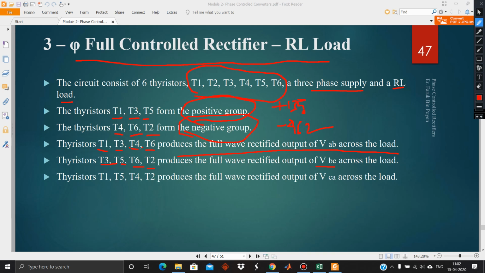And for VCA, T1, T5, T4, T2 produce the full wave rectified output voltage of VCA across the load. This you have to remember, which thyristors are operational. So at a time, for each rectified line voltage at the output, 4 thyristors are working at a time.